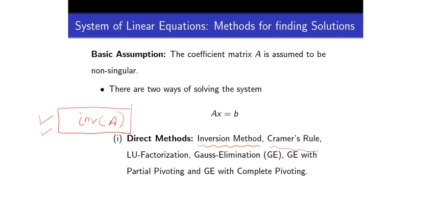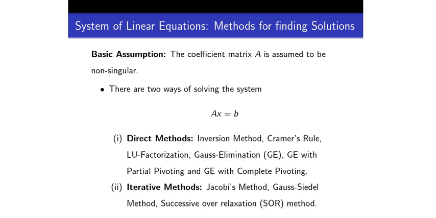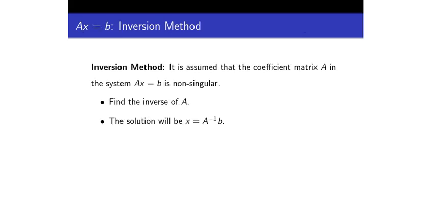Okay, right. So there are iterative methods on which we will be more focused. One method is Jacobi's method, another is the Gauss-Seidel method, and the last one is successive over relaxation, SOR method in short. Okay, so let's move further.